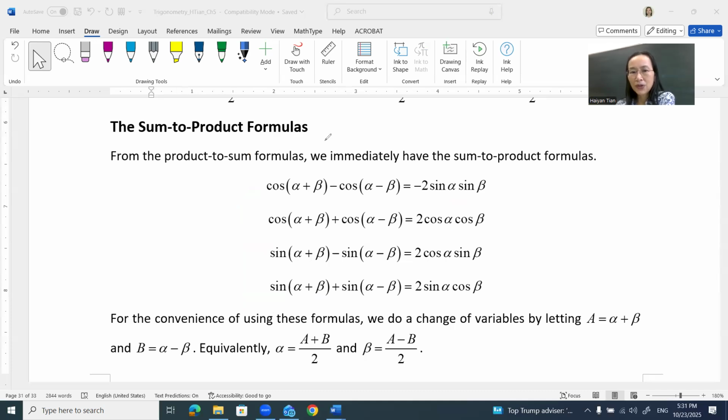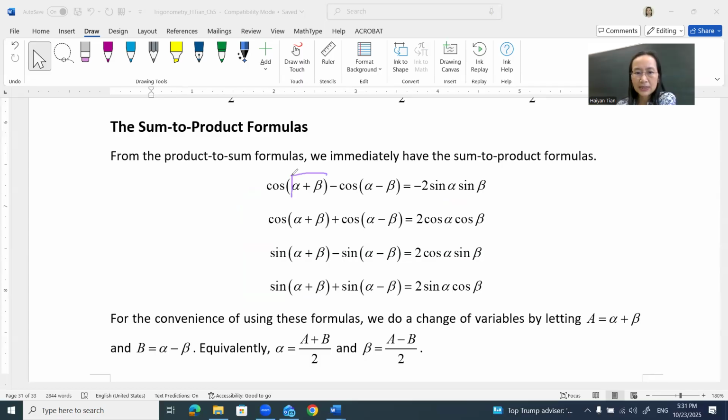We can make it even more convenient. How to make it more convenient? We can see that a change of variables is always convenient.